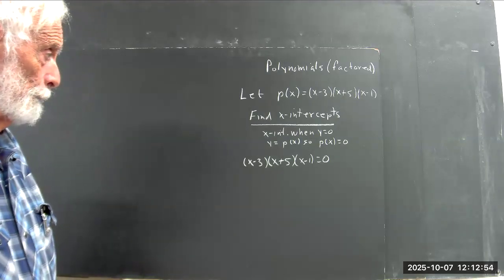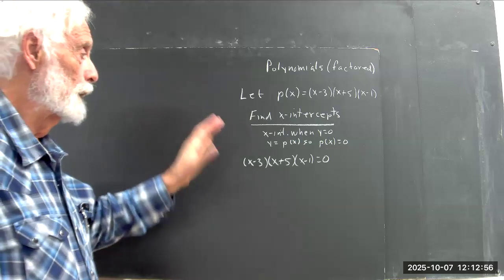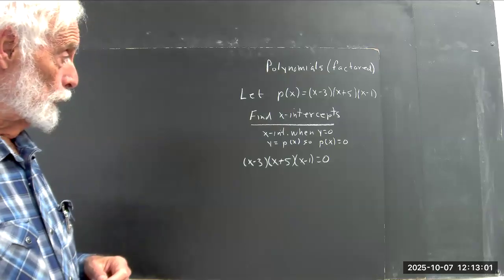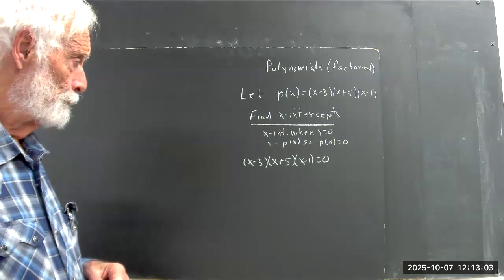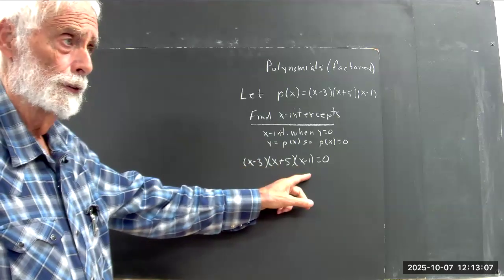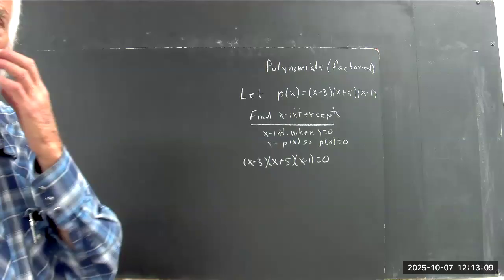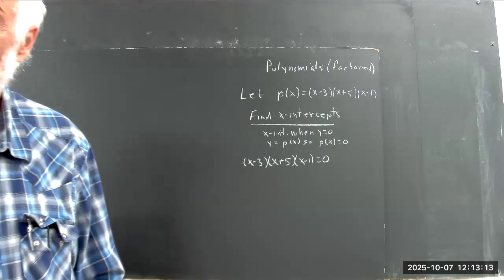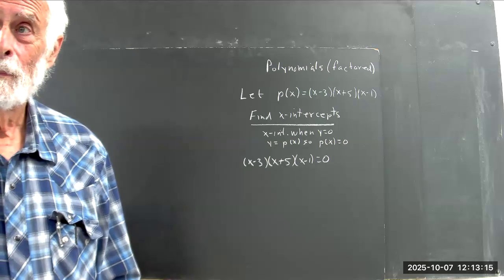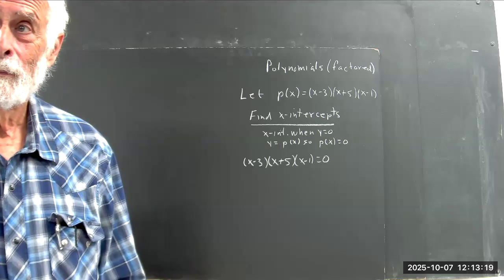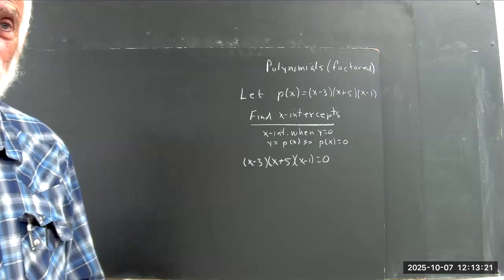Another number. Okay, let's see. Let's not worry about trying to make the whole thing 0. Let's just pick one of the factors, this factor or this factor, and tell me what number would make it 0. Okay, that's good.